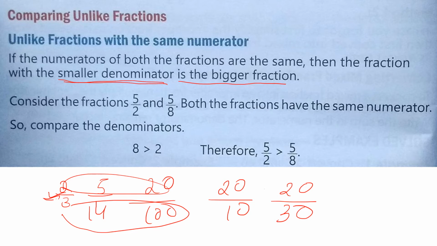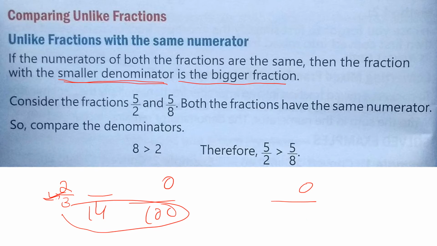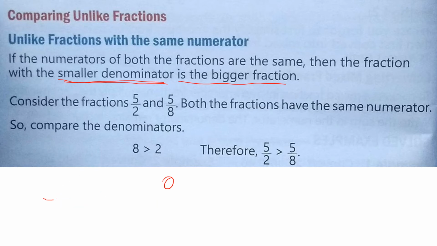I'll show you. See here. The question is 5 by 2 and 5 by 8. Now numerators are the same. Which one is bigger? This 8? No. Here the case is opposite. This 2 is bigger because it is the smaller denominator. The smaller denominator becomes the bigger fraction.